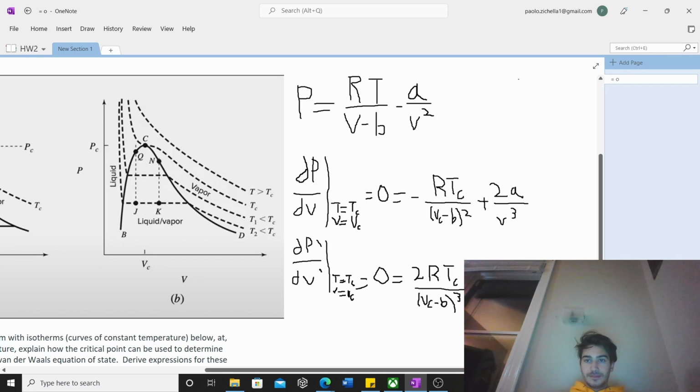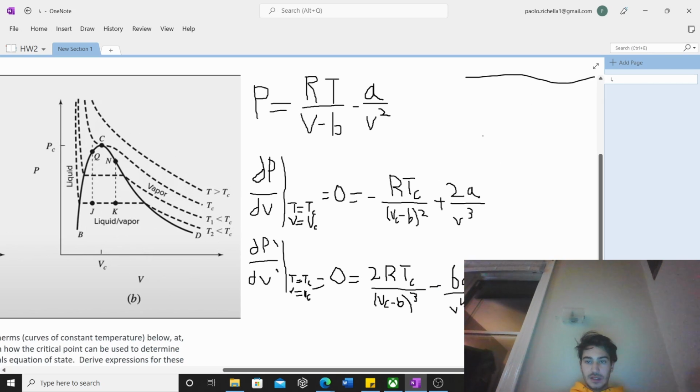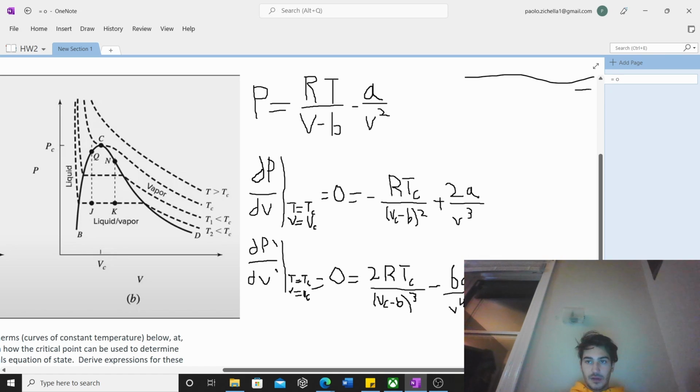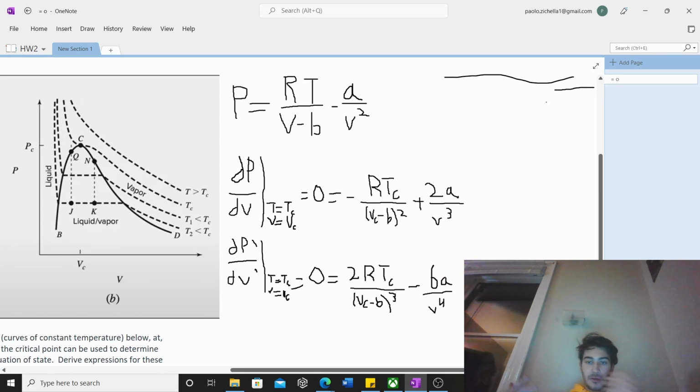And now we can use these equations that we have to build and create some more equations. We know that this is equal to 0, so we can simply set these two fractions equal to each other.